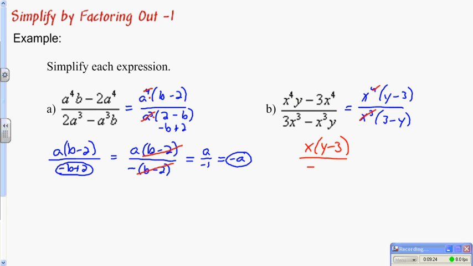I'm going to reorder this so we can emphasize that they are opposites. So we can take a negative out, and we get y minus 3, which allows us to cancel those, and again leaves us with negative x. Now this ends part A of lesson 9.1.